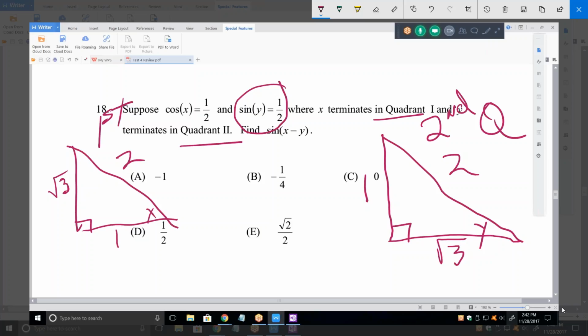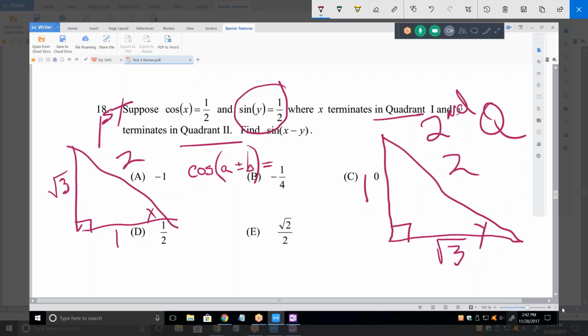Well, no way to avoid these identities either. There's two more identities you have to memorize. And that is the cosine of sum and difference, a plus or minus b.